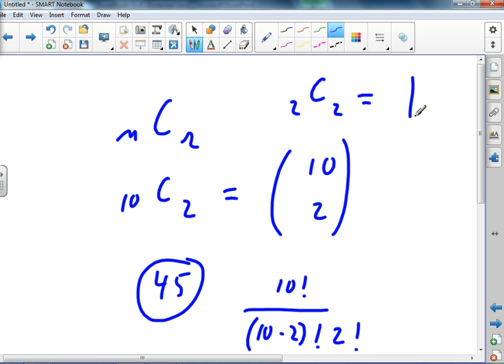What's the combination button look like? You actually have that key right there. So 10 things, taken 2.